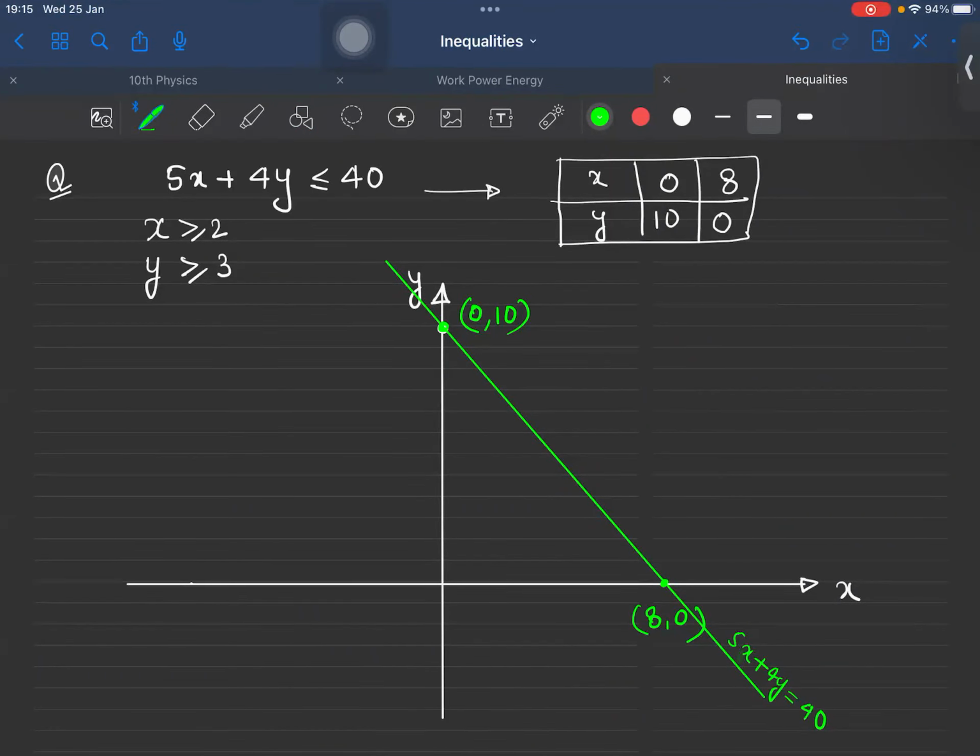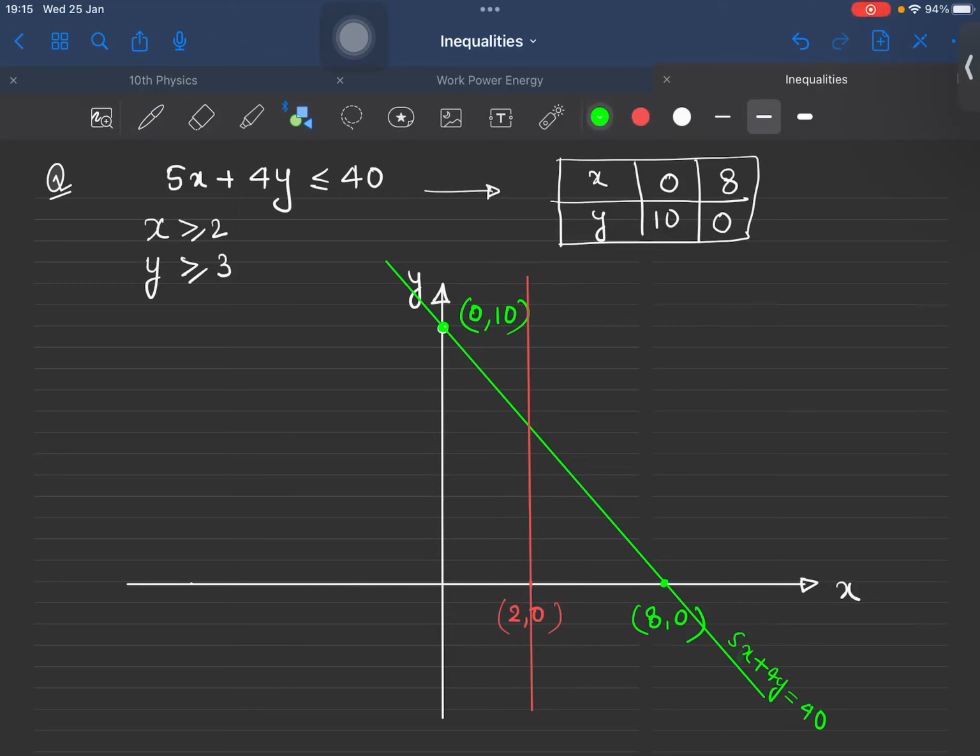Now x should be greater than or equal to 2. Let's plot x is equal to 2. What do we mean by that? Somewhere x is equal to 2 here, so 2, 0. Again, it is going to be a straight line parallel to the y-axis. So this is x is equal to 2.